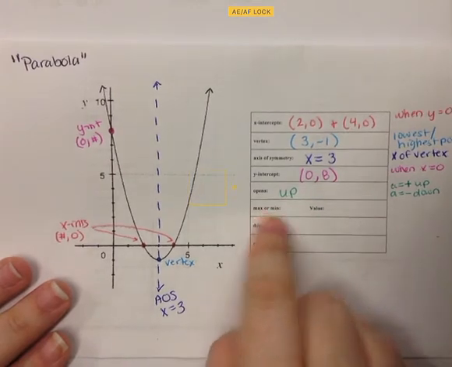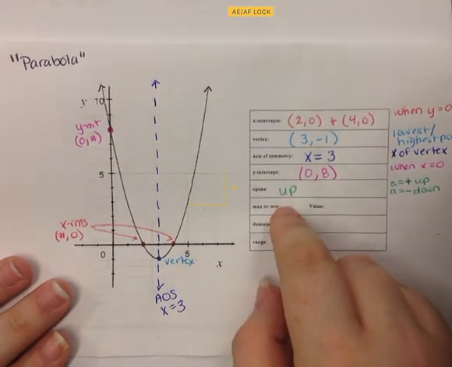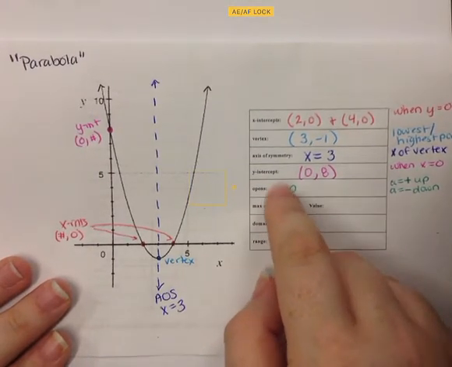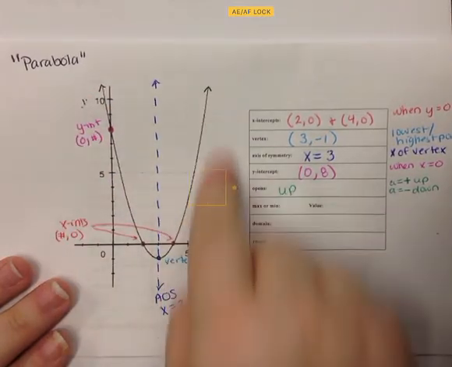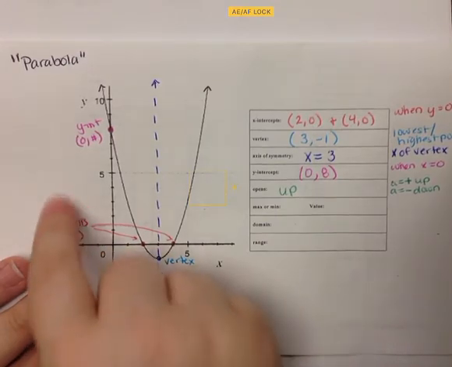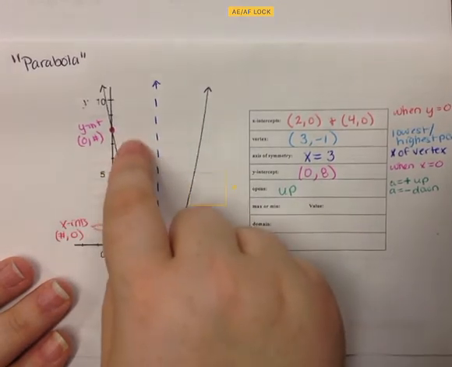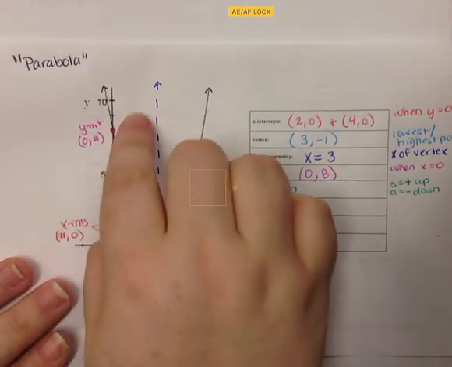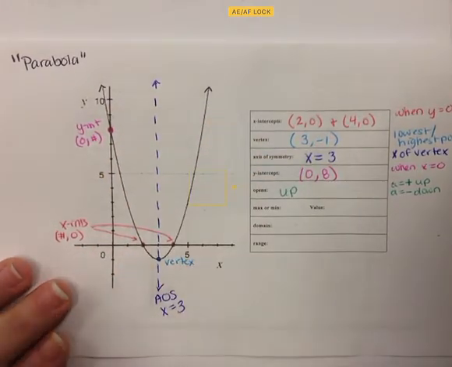When we talk about min or max, this comes from whether it's opening up or down. If it's opening up, our vertex is at the lowest point. That means this is a minimum. If it was opening down, we would have a highest point because it would go all the way up and then come back down. That would be a maximum.